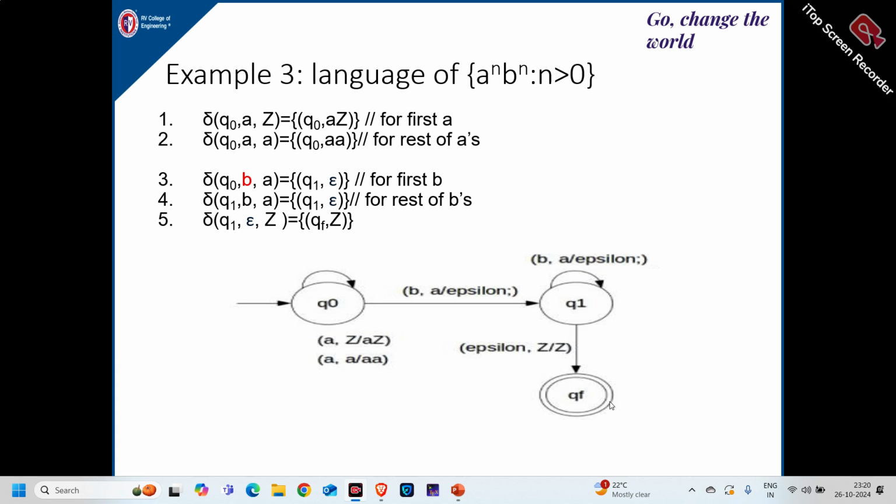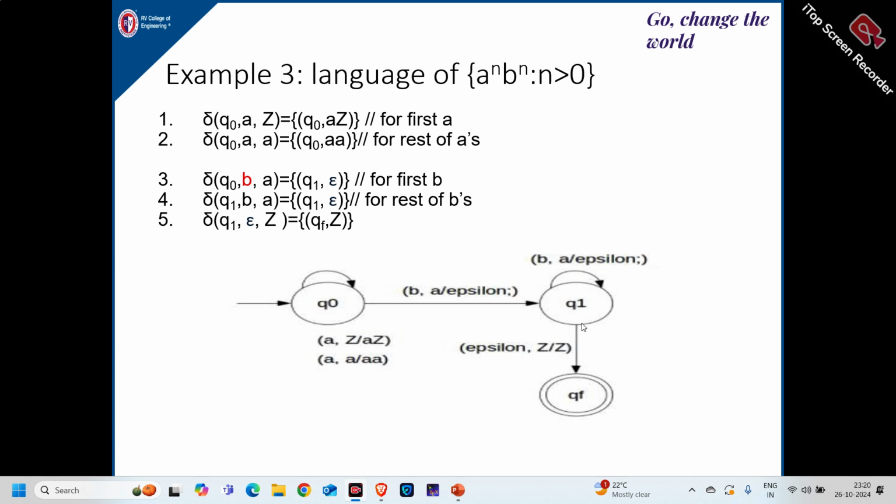So this is my transition diagram for the PDA accepting the language a^n b^n, n greater than 0. Let us assume that I have more a's than b's. It means that once I complete the processing of b's, I will not have Z at the top, but I will have a's at the top.